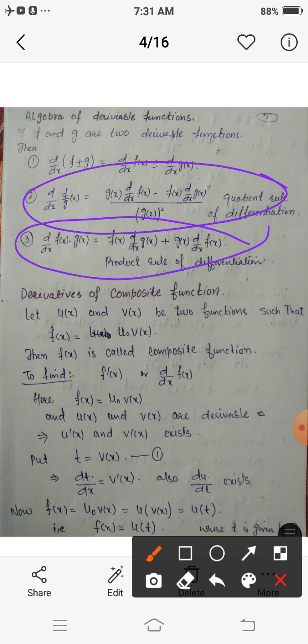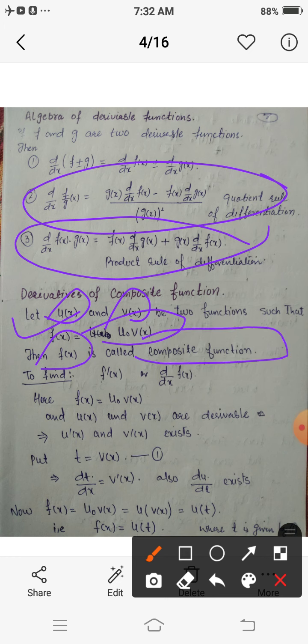Now today we are going to discuss how to find the derivative of a composite function. If we have two functions u of x and v of x, such that there is another function f of x which equals the composition of these two functions, that is u of v of x, then this function f of x is called the composite function, which means the function which equals the composition of two given functions.